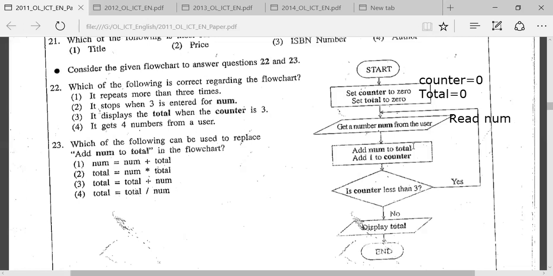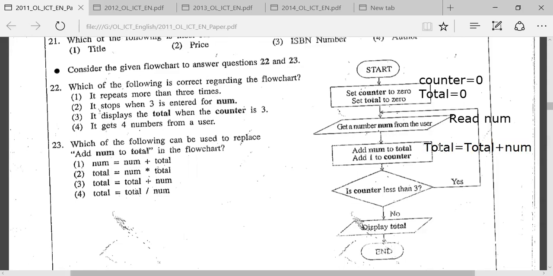Add num to total. So add num to total means total equal total plus num. But this procedure we already studied in our class. There were more than enough practice questions we have done.